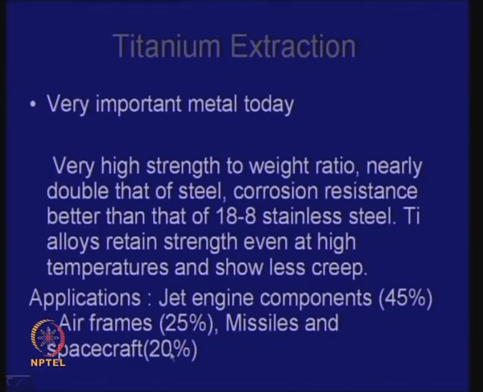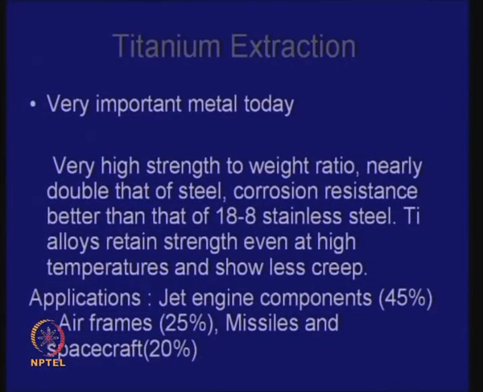It does not mean 20% of a spacecraft is made of titanium and aluminum alloys. No, it shows the total consumption of titanium is 45% in jet components, airframes 25%, missiles and spacecraft, but it is there everywhere. You cannot think of applications in aerospace without titanium aluminum alloys.